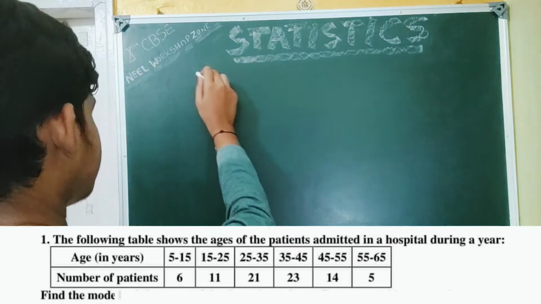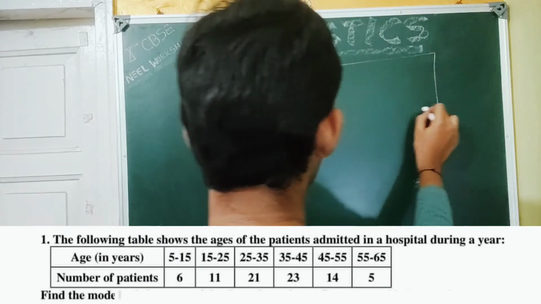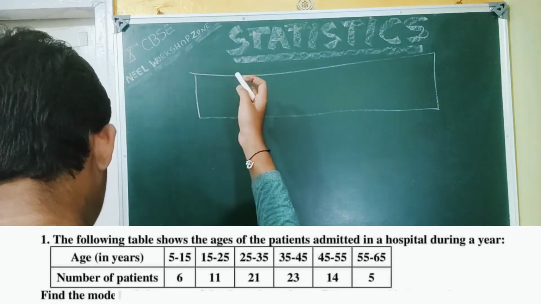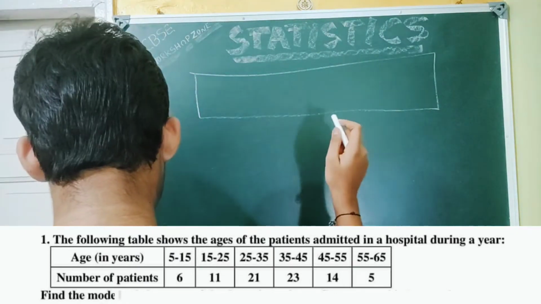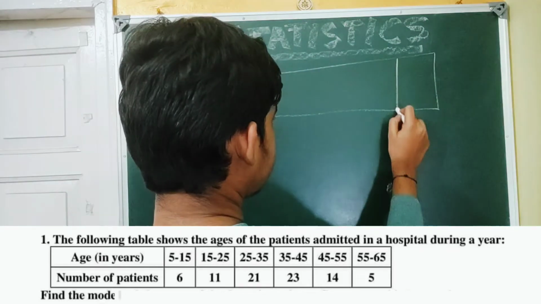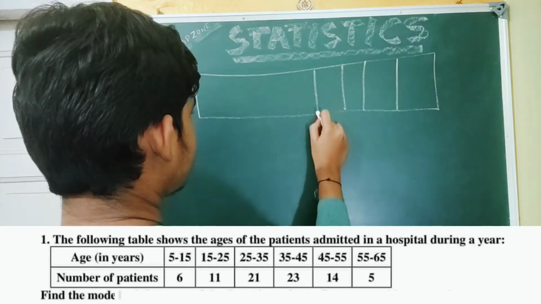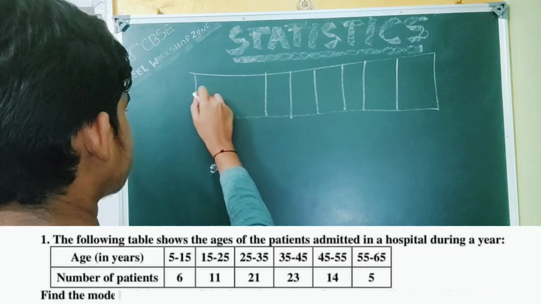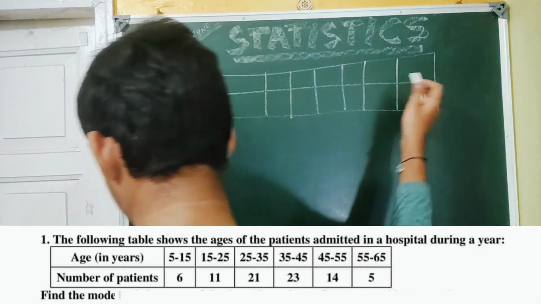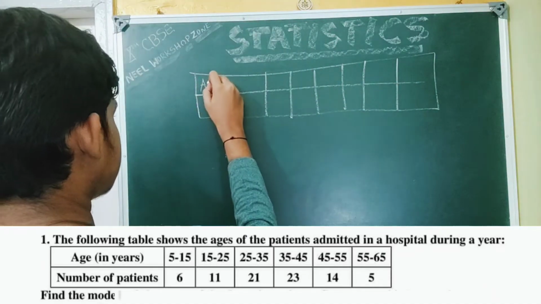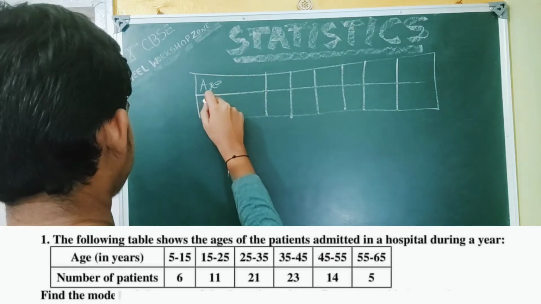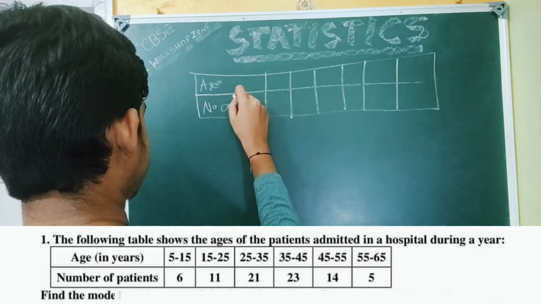Let's draw a table. Here let's write age, and number of patients.